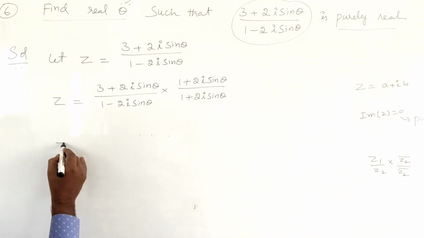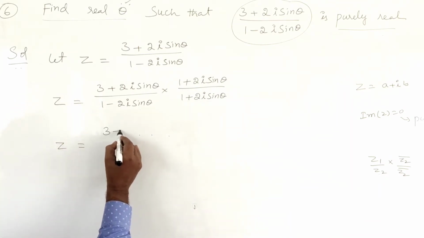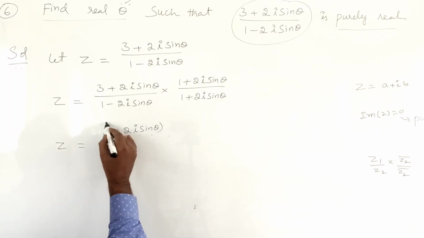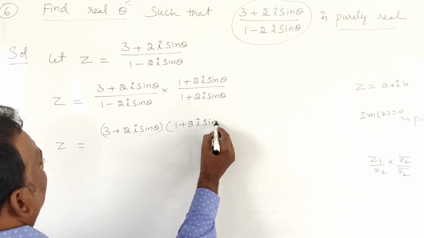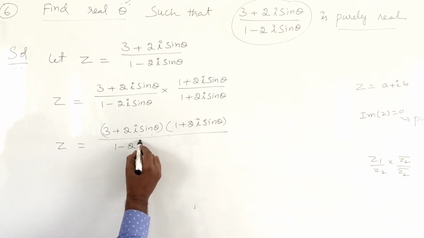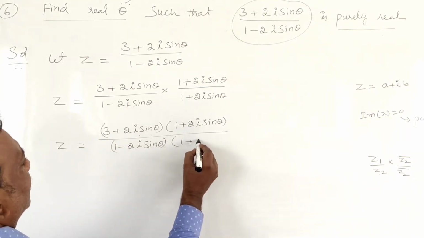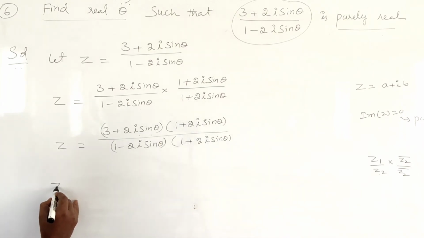Now z equal to, you have to multiply the numerator. What is the numerator value? (3 + 2i sin theta) into (1 + 2i sin theta). So upon, we have the denominator (1 - 2i sin theta) into (1 + 2i sin theta). So you can simplify the problem.